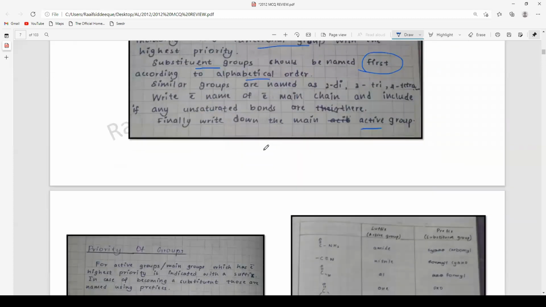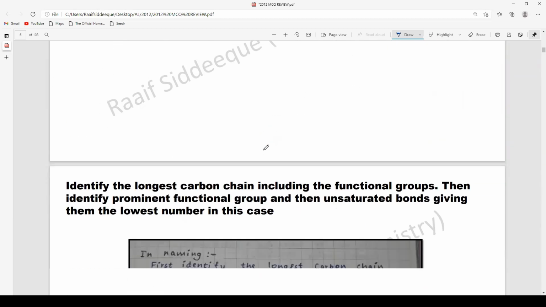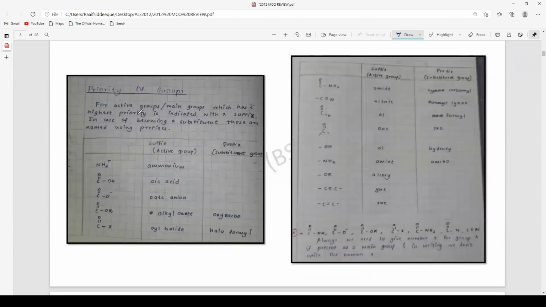So additional information, I have not come to the question yet. The additional information is the priority of groups, which I told you to look at before. In general, the priority order decreases like this. Ammonium, NH4+, will have the maximum priority when you are naming an organic compound. Then oic acid, then its anion, then the ester, then you will have a halide, mostly COCl, COBr, like that.